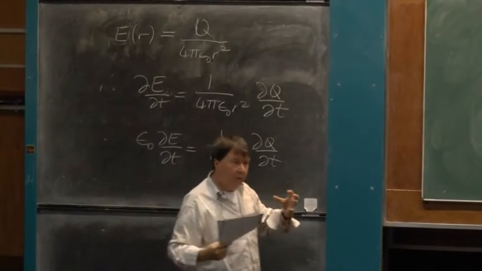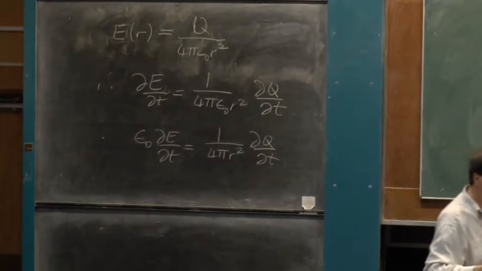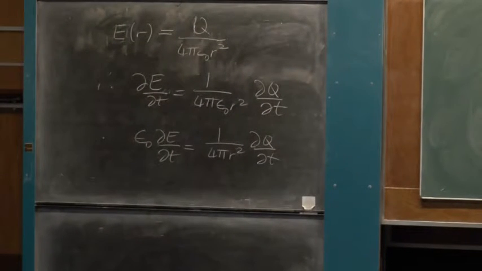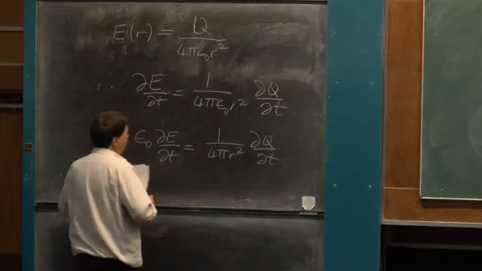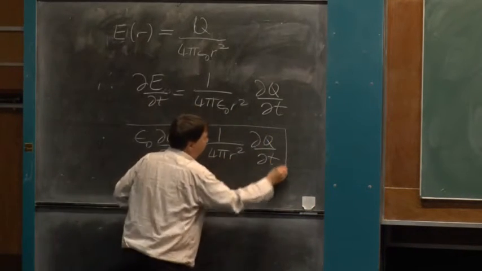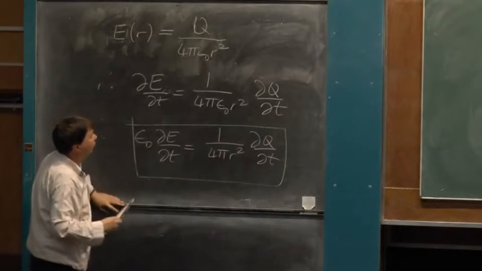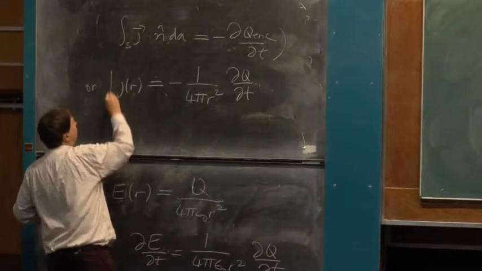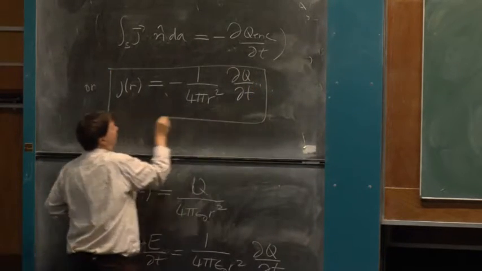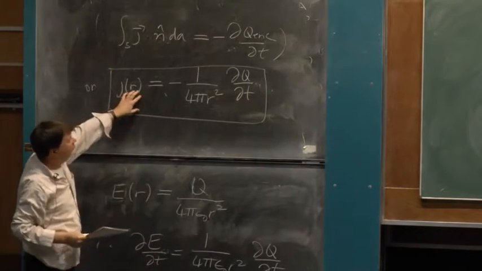So we're outside this sphere. We've got a non-zero current density, which is spreading out over space, but we've also got a non-zero dE by dt term. And this term, epsilon naught dE by dt, and this term here are precisely equal and opposite.